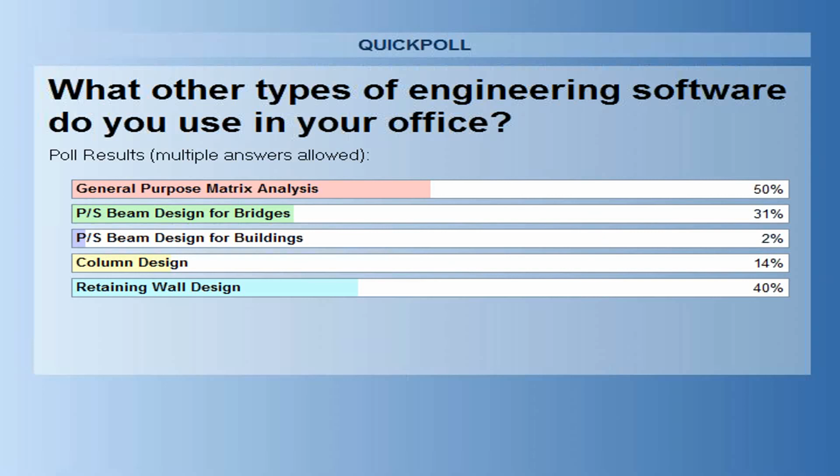It looks like a large portion use the general purpose matrix analysis and also the retaining wall design. And good. Bridges. Only 2% had the pre-stressed beam design for buildings. Okay. We see that. Okay, all right, that's our last poll. Take it away. All right.